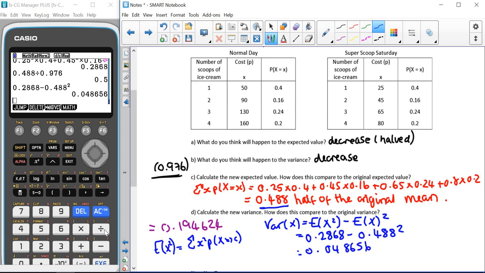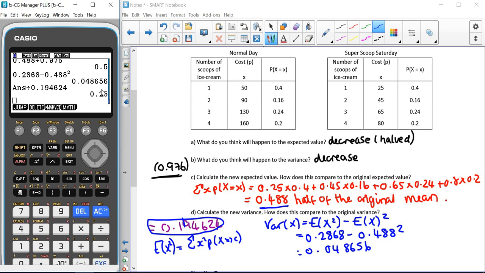And when we have a look at what's happened there, if I divide that by my original variance, which I've copied over and put here, this is my original variance here. So dividing it by 0.194624, we've ended up with a quarter. So this is a quarter of the original variance.